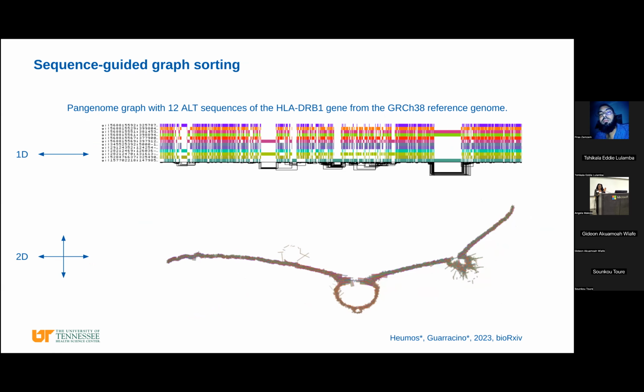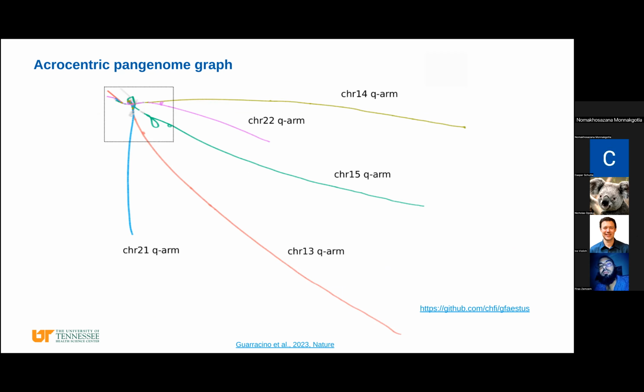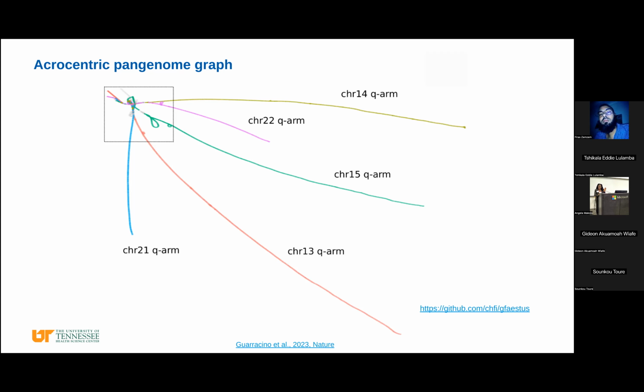Okay, here is another example of a graph layout. I've reported this visualization to highlight that we usually work with chromosome-specific pangenome graphs.